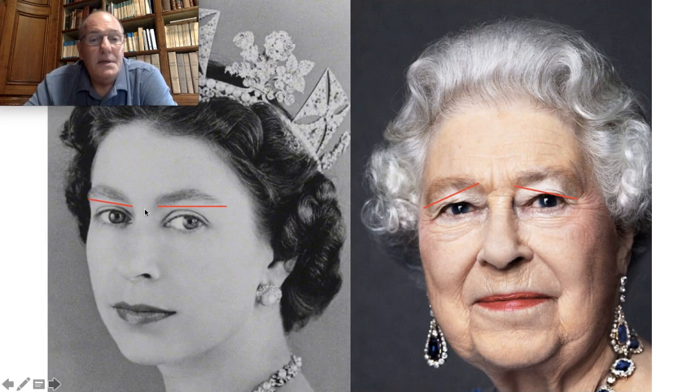When we age, we can call this the head, the body, and the tail of the eyebrow. When we get older, the tail and the body go down more than the rest of the eyebrow.